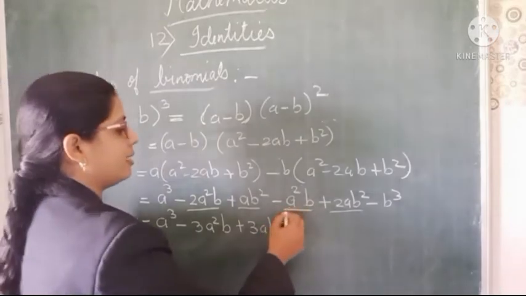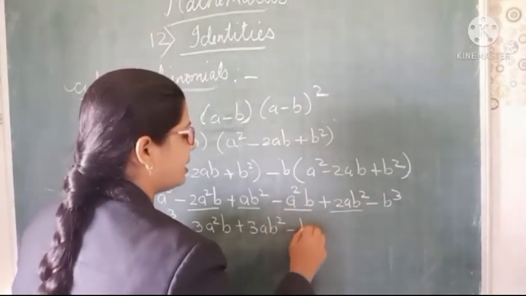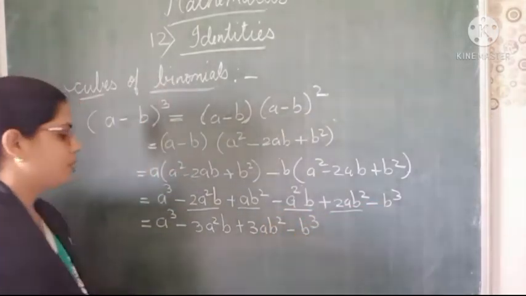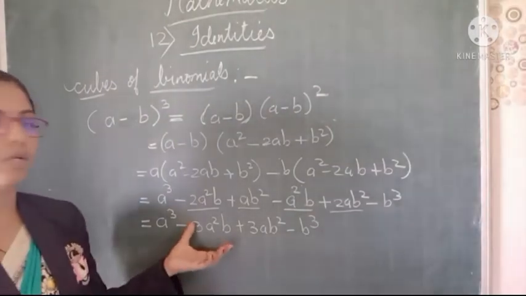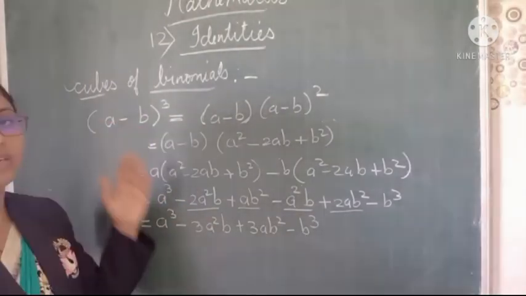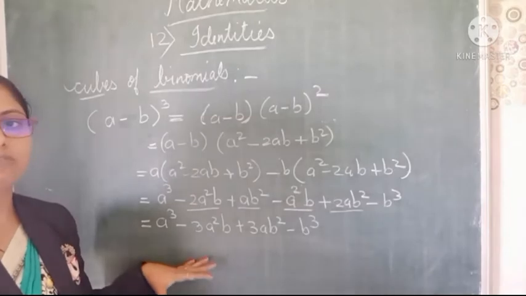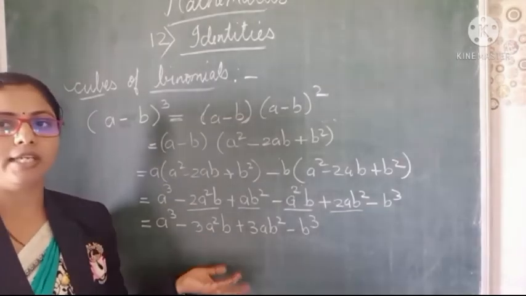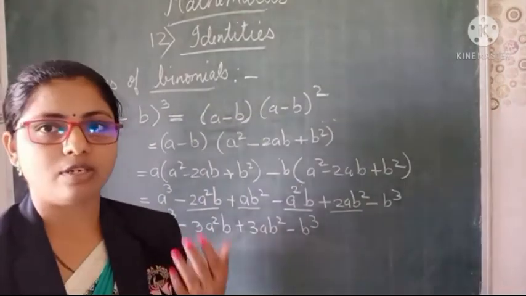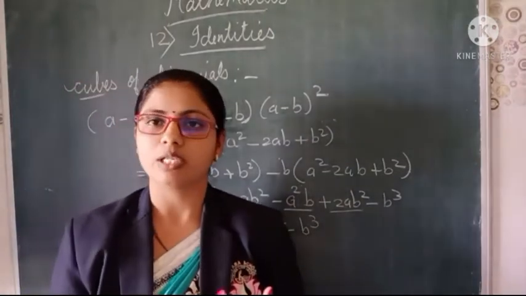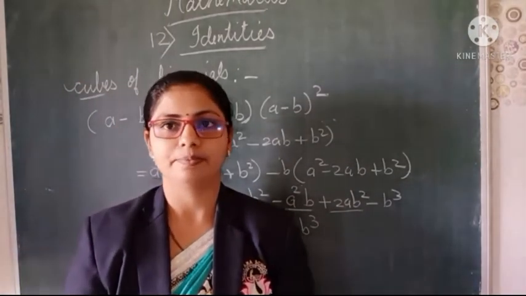Okay, then what is remaining? Negative b cube. So in this way we can solve cubes of binomials by using this formula. You can apply this while solving the examples of the exercise, so that you will get the answers very easily.